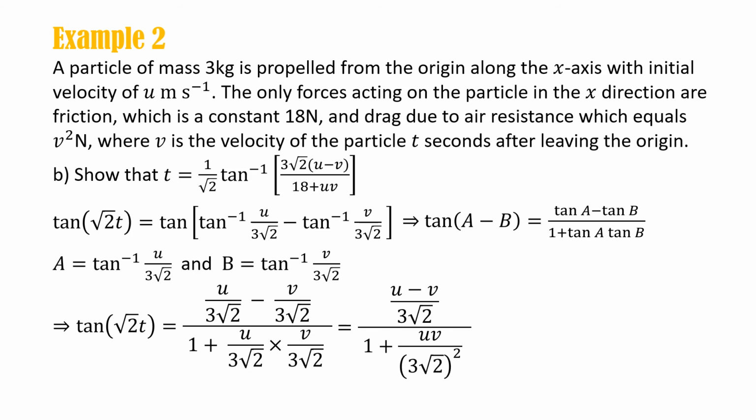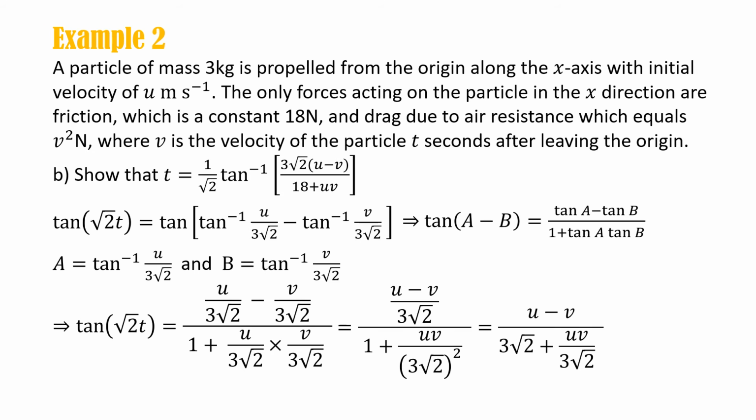So we're going to multiply by 3 on root 2 over 3 on root 2. The reason for that is my 3 on root 2 will cancel out with the 3 on root 2 on the bottom of our numerator. And then on our denominator, we're going to have 1 times 3 root 2, but then we're going to have 3 root 2 cancel out with one of those 3 on root 2's squared.